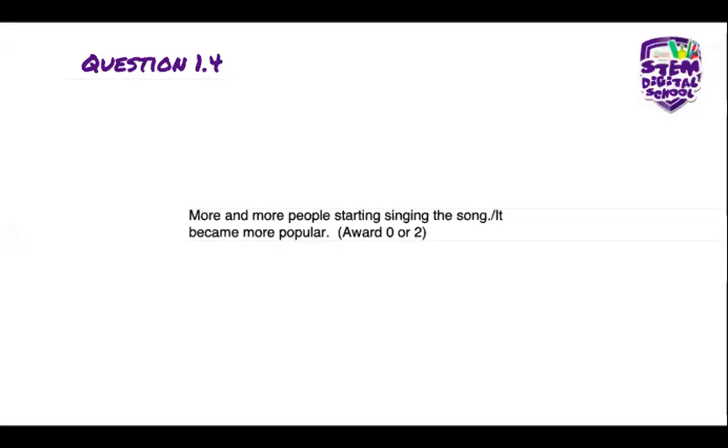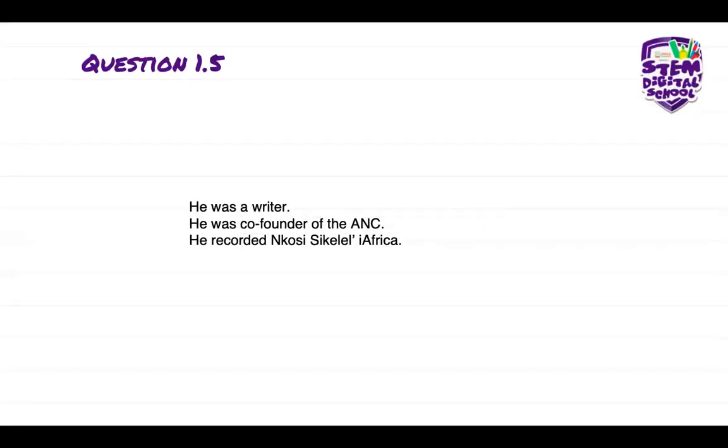1.5, name 2 things that Saul Plaatje will be remembered for in paragraph 2. So there's 3 things here. And remember, it's about Saul Plaatje. Guys, let me tell you something about such a question. Some of you will misread this question and think that it would still be about Enoch Sontonga.